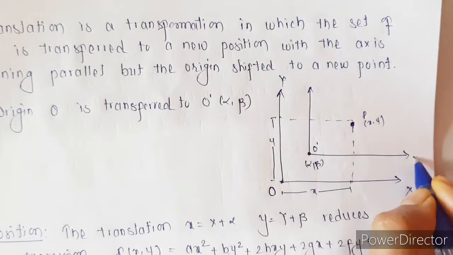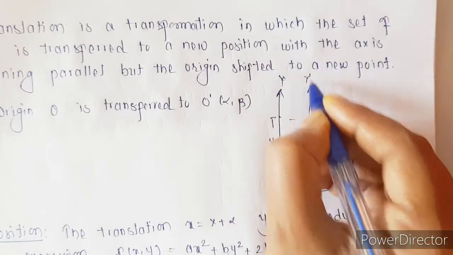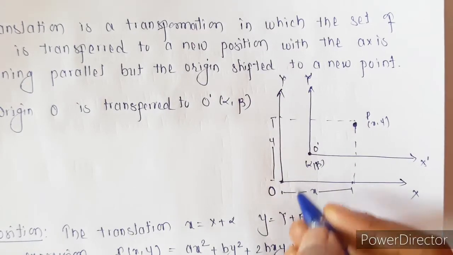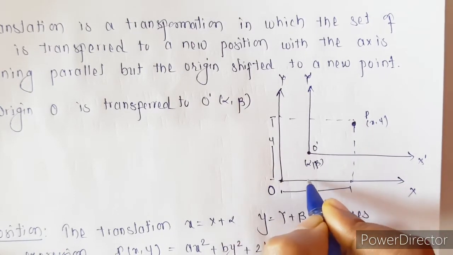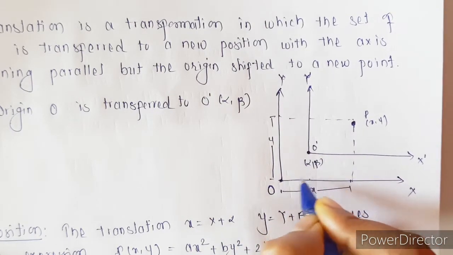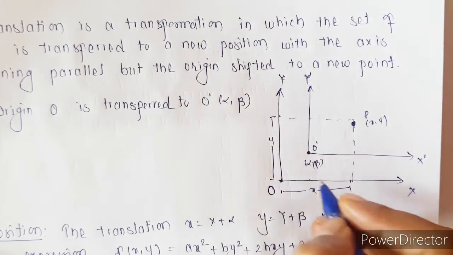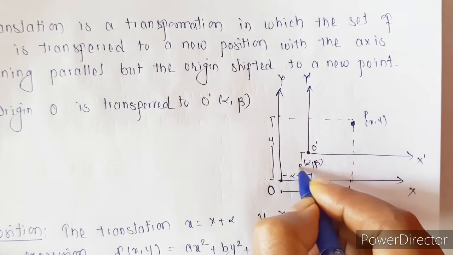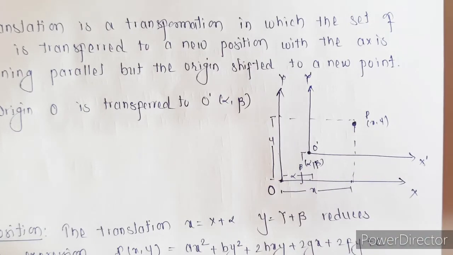So now these are your new axes, x dash and y dash. The distance we have moved along the x-axis is alpha, and along the y-axis it is beta.